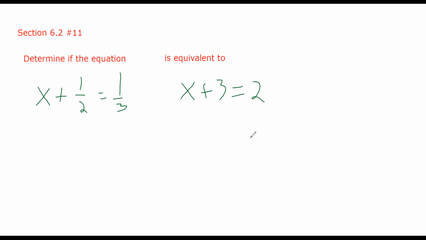Xavier, what kind of numbers are you seeing in your problem? And I'll alter it to be your problem. Is this the right one? Okay, cool. x minus 1/3 equals 1/2. So let's just alter it just a little bit.